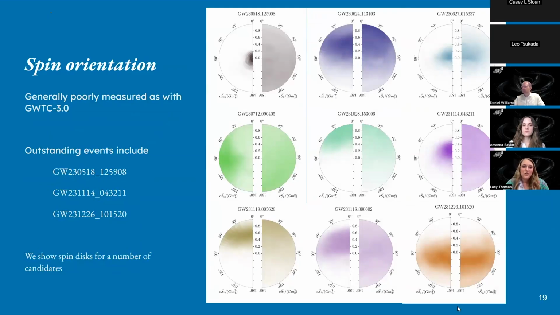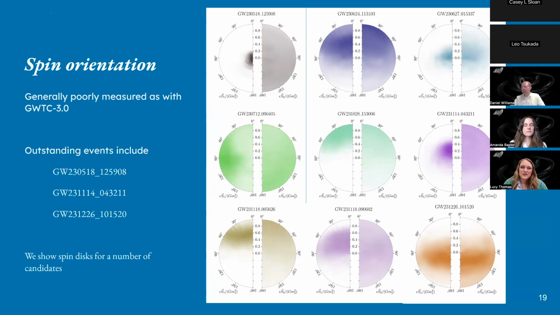And then if we think about the orientation of the spins of those gravitational wave events, spin orientation is generally poorly measured, as it was with GWTC-3.0. The posteriors are normally quite wide. Here we're showing spin disks for a number of candidates where the spins are interesting or well constrained. So the way to read these plots is that the spin magnitude, how large the spin of the neutron star or black hole is, is the radial direction.